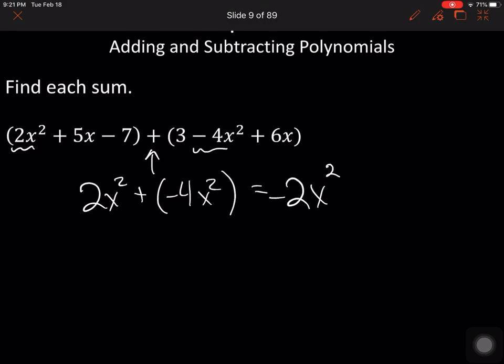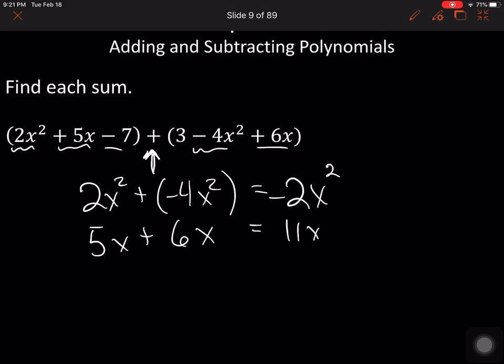Now, the next thing we're putting together. We've got 5x's here. Are there any other x's? We're still adding, so 5x plus 6x. And that's a positive 6x, so there's no need to put parentheses there. 5 plus 6 is 11x's.